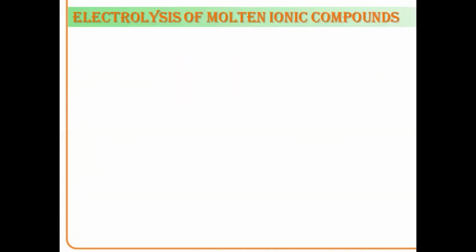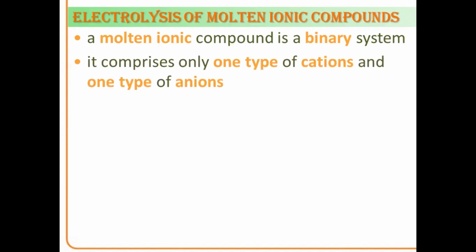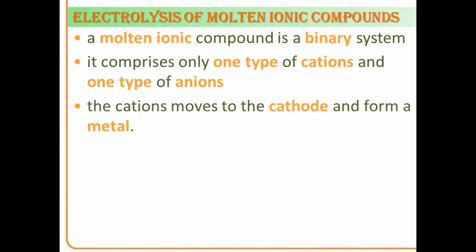Now let's go into electrolysis of molten compounds. When we look at a simple molten compound, we are just going to call it a binary system because it comprises only two types of ions. We have one type of cation and one type of anion. The moment you switch on power, the cations move to the cathode and form a metal.